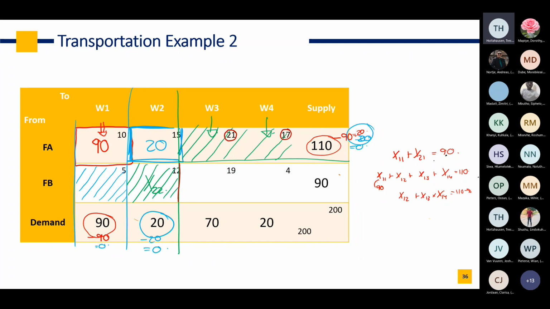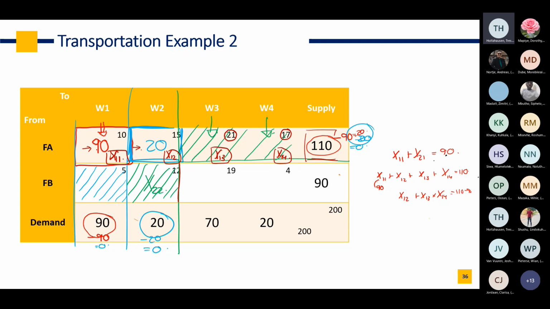So when you're working out the constraint, this is actually x11, this is x12, this is x13, and this is x14. And the constraint is you adding these all together, they must be less than or equal to whatever's sitting in the supply. But we have x11 equal to 90, and x12 equal to 20.